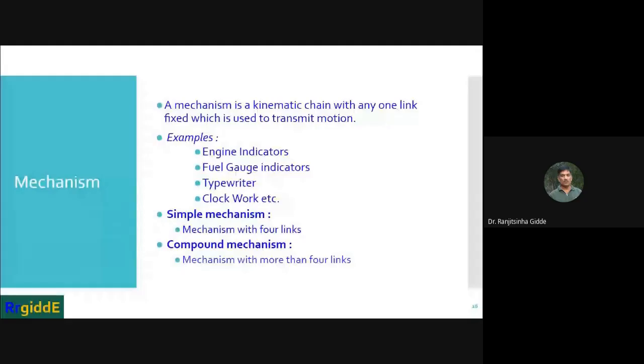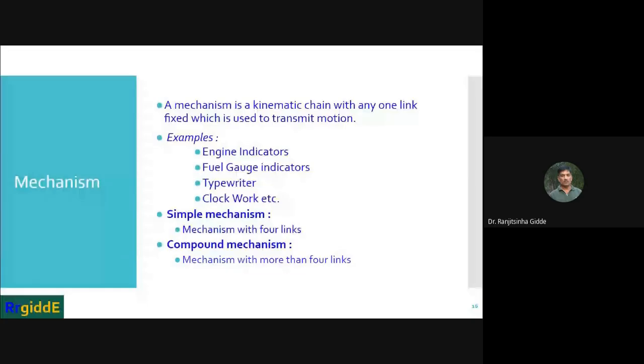It can be used for transmitting or transforming motion. So those examples are there: engine indicator, fuel gauge indicator, typewriter, and the clock wheel. Then there are two types that we have seen, simple and compound mechanism. A mechanism having more than four links is called a compound mechanism.